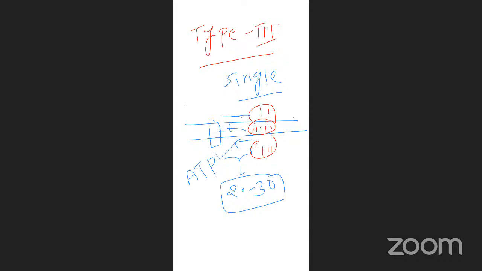ATP is required, adomate is required, and cofactors also, whatever it may be, either magnesium, ferrous, or any other cofactor. ATP, adomate and cofactor are all required for the activity of type 3 enzymes.